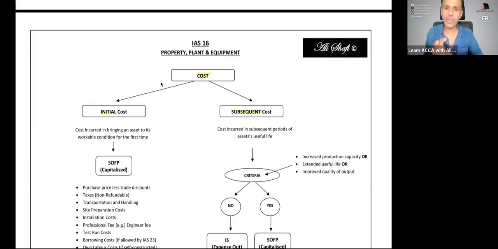Because this is about after 2 years of purchase, you are bringing something in today. You're incurring the cost to repaint the walls, or to extend it. All of those costs incurred in the later years of the asset are called subsequent cost. Again, that does not have any bookish definition. The word subsequent says it all itself.